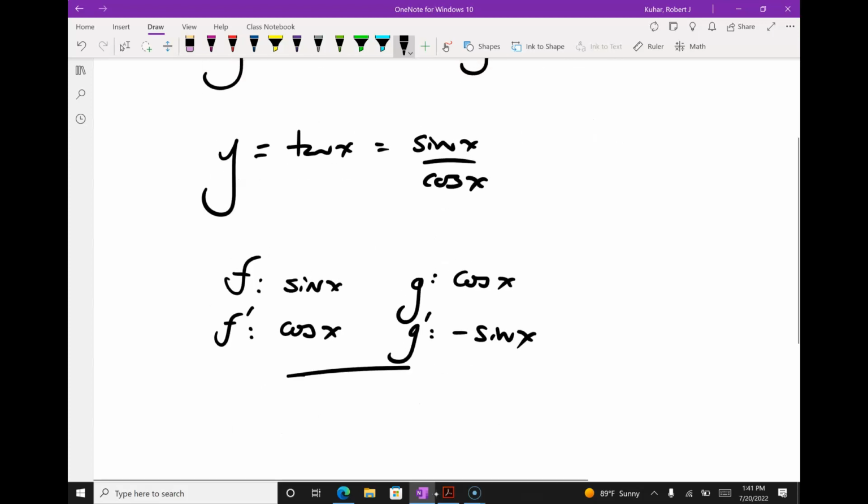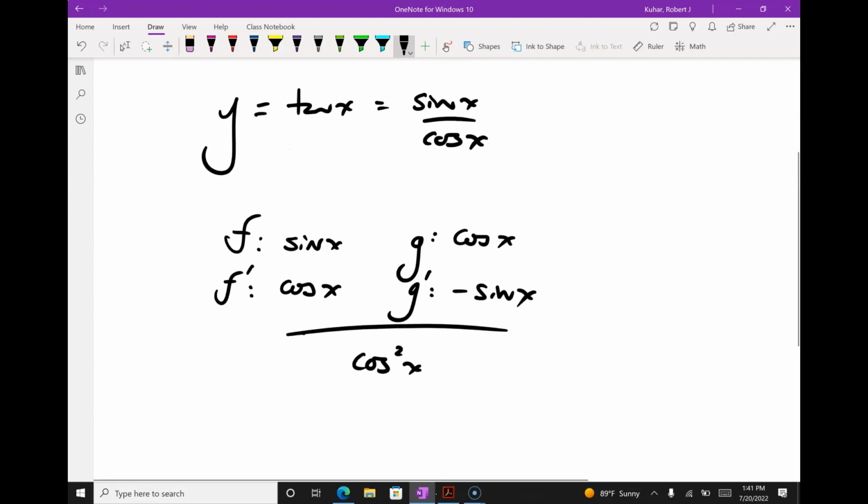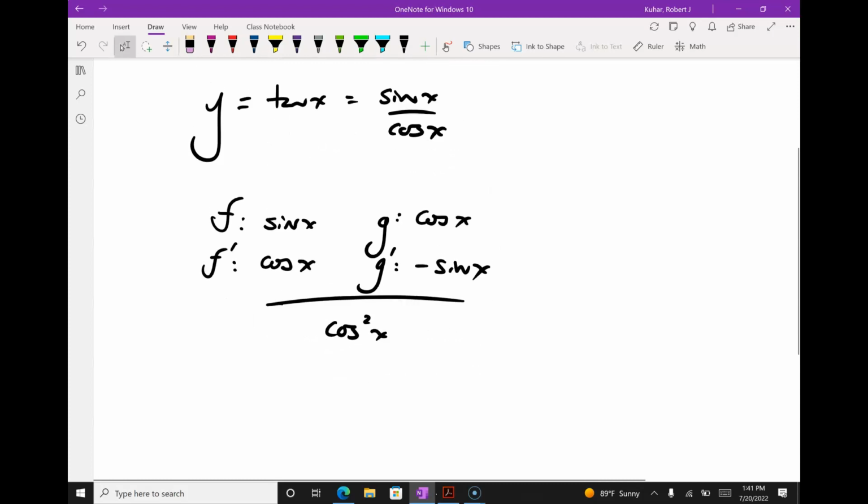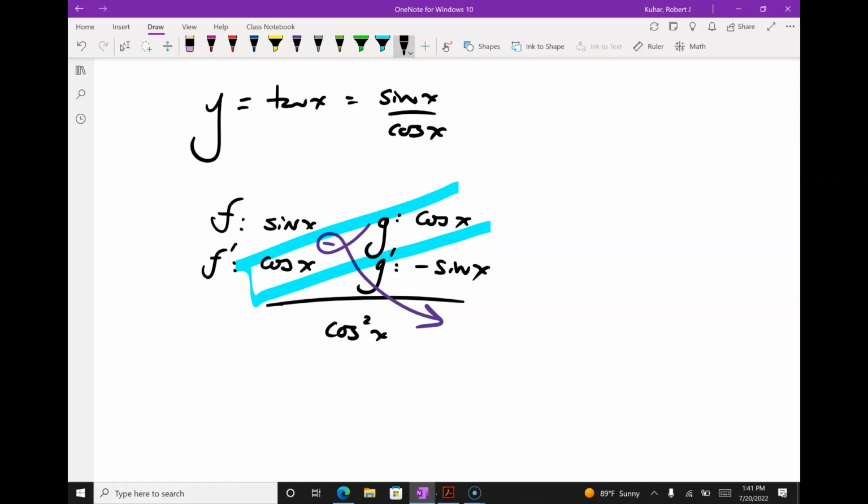And then, of course, I have to be thinking of the downstairs squared, cos squared of x. I'm using my quotient rule. So my first piece that I get is a cos squared. Do you see it? So I get a cos squared of x minus a negative sine squared of x.